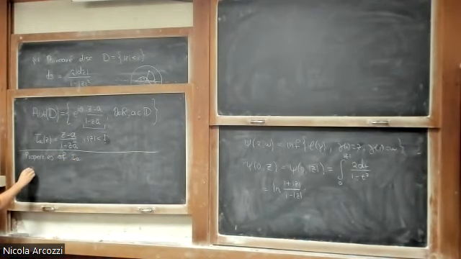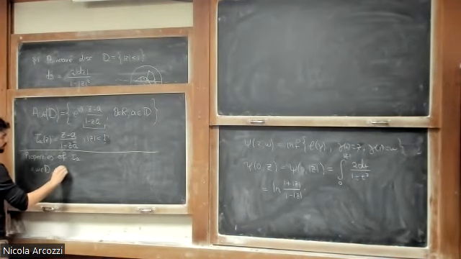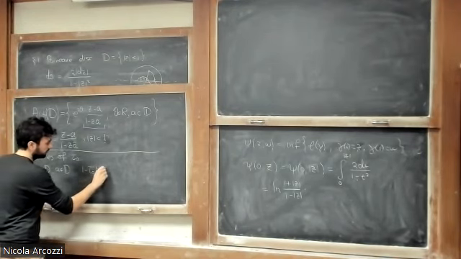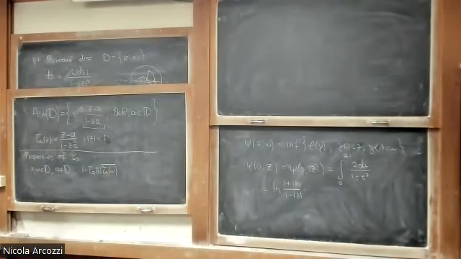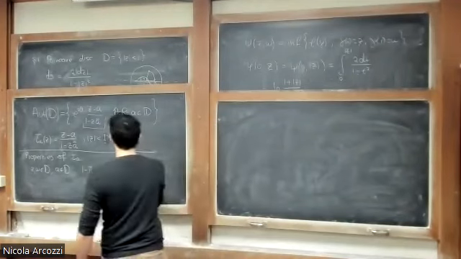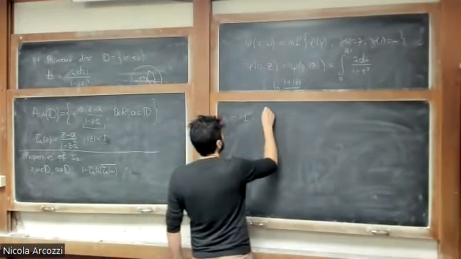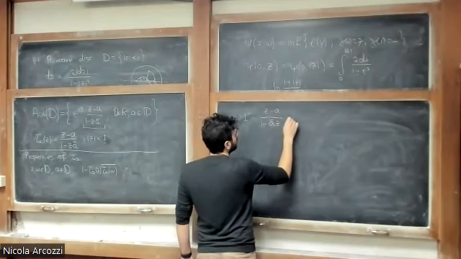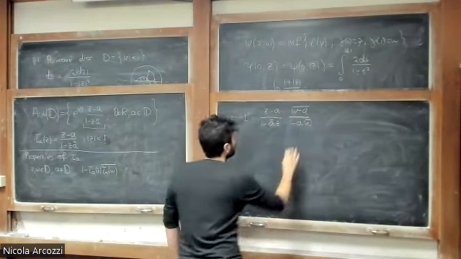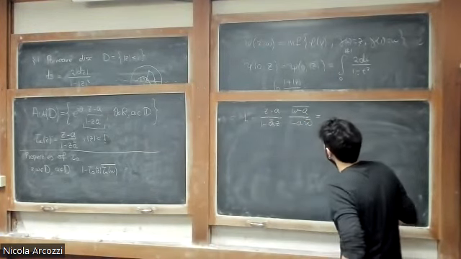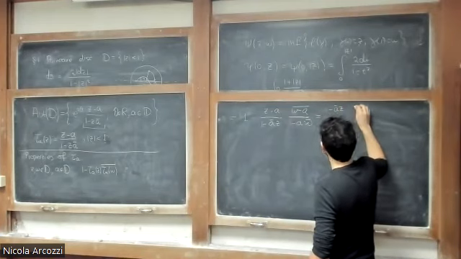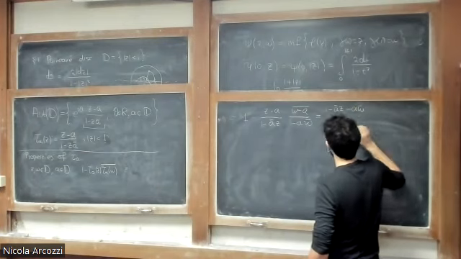If you take some points w and a in the disk and you try to calculate this quantity, then this is 1 minus a-bar w, and then in the algebra here I find 1 minus a-bar z, and then minus w.